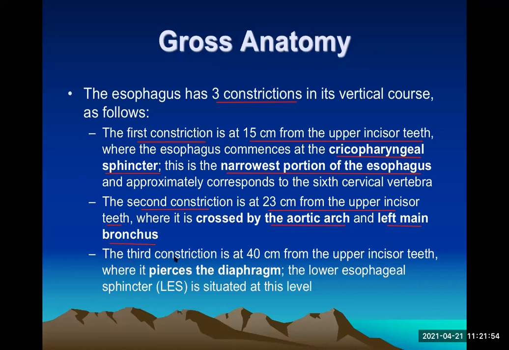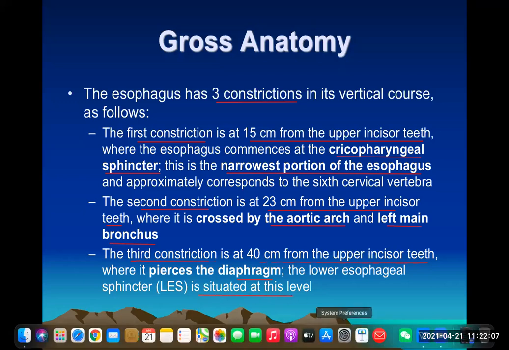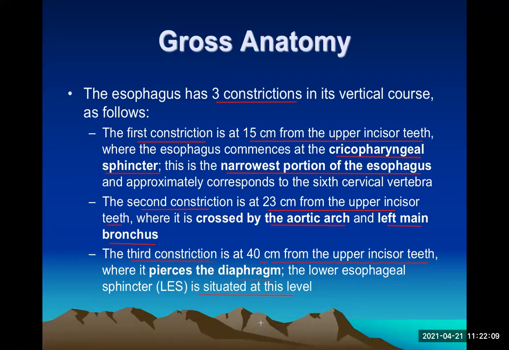And the third constricted area is around 40 centimeter from the upper incisor teeth, where it pierces the diaphragm. The lower esophageal sphincter is situated at this level. There is a small part of the esophagus known as the intra-abdominal part, around 1.25 to 1.5 centimeters.